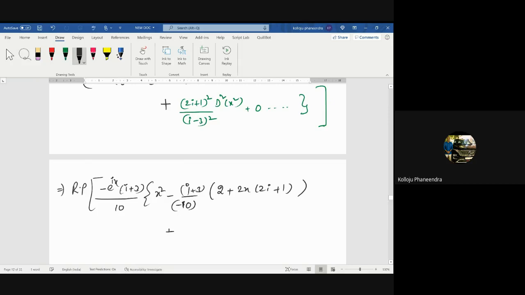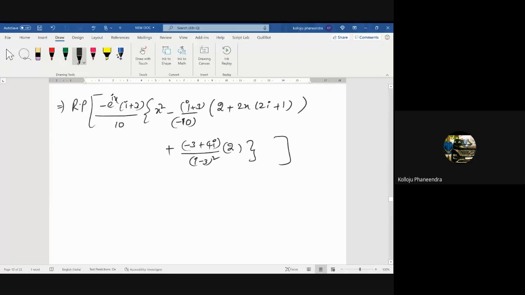Next, plus. Coming to this, what will I get? Minus 4. A plus b whole square. What will you get? Minus 4 plus 1, minus 3, plus 4i. Yes, a plus b whole square, by i minus 3 whole square. This is 2.